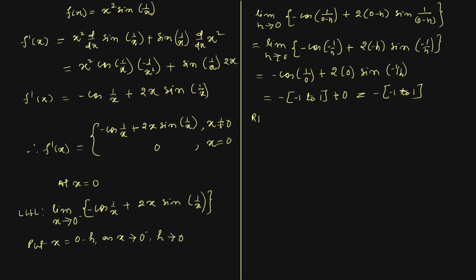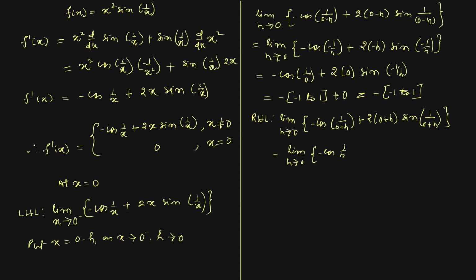Now similarly, the right-handed limit we are able to write as limit h tends to 0 of minus cos 1 divided by 0 plus h plus 2 into 0 plus h sine 1 divided by 0 plus h, which is equal to limit h tends to 0 of minus cos 1 by h plus 2h sine 1 by h.